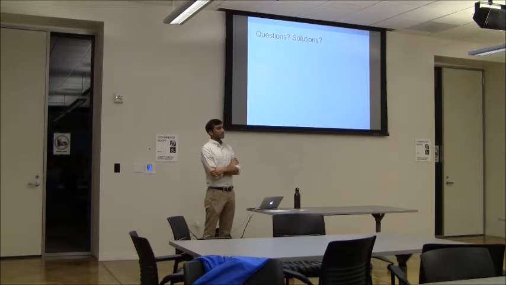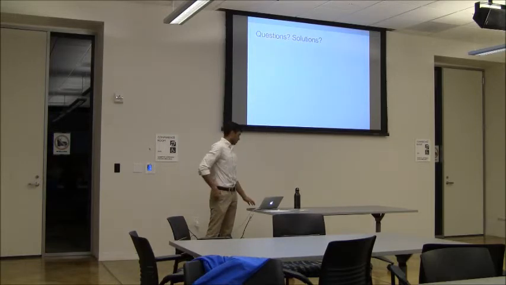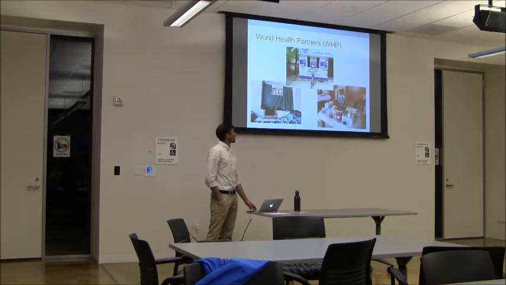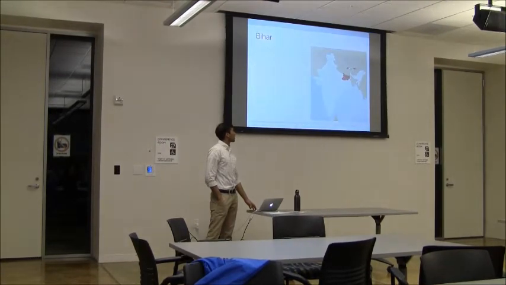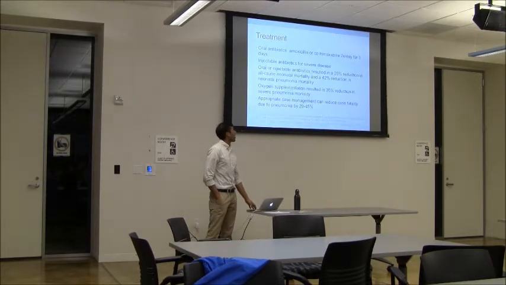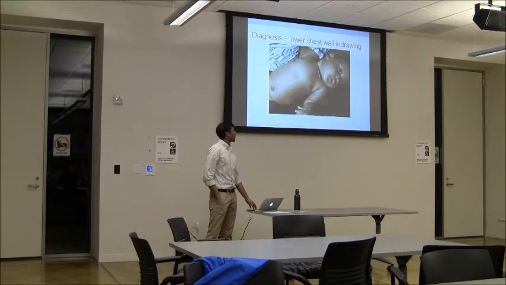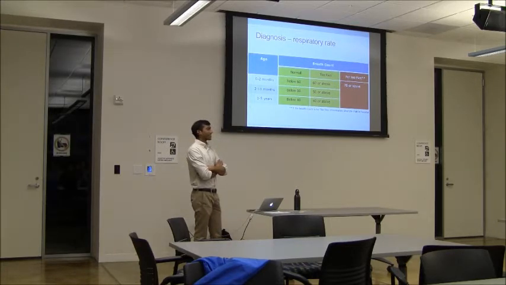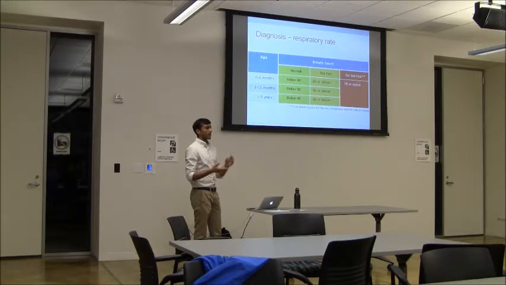So you showed the chart where there was a general guideline on the breath count. I was wondering about the borderline cases, because it seemed pretty black and white, like below 40 or 40 above. But if something's like 41 or 39, how do they deal with borderline cases? I'm not actually sure what individual providers would do, but I think that might be related to the point about how a lot of these health workers are pretty unskilled, right?